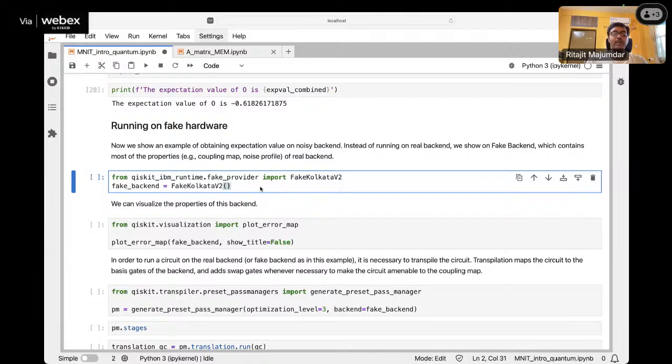As I said, there can be a lot of queue, and the same thing will happen to me also. We don't get any extra privilege. If I want to run on real hardware, it will become very awkward that I pass it on to the hardware and we sit silently as long as I am in the queue.